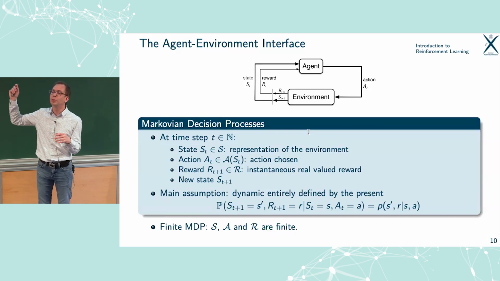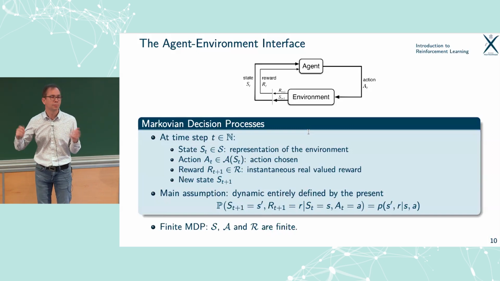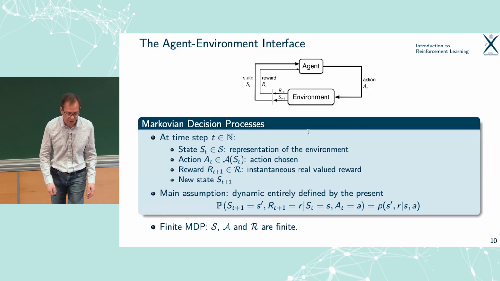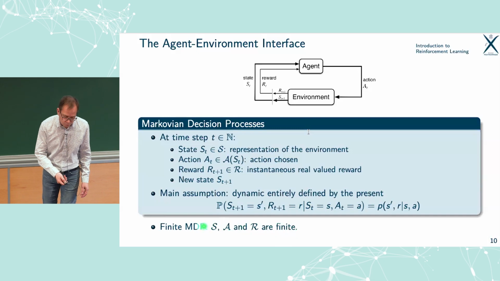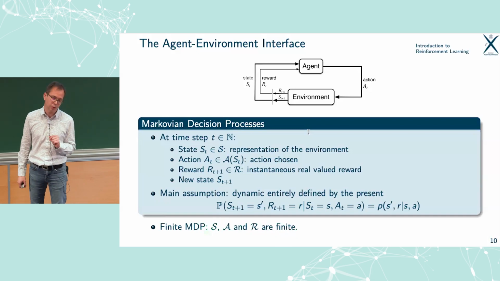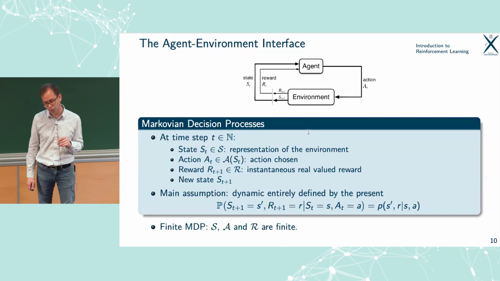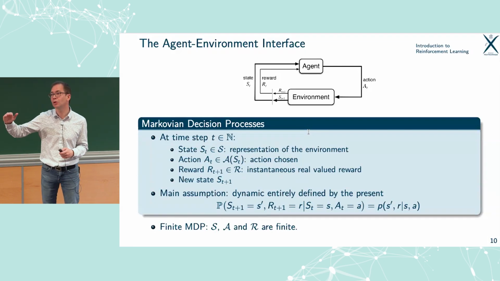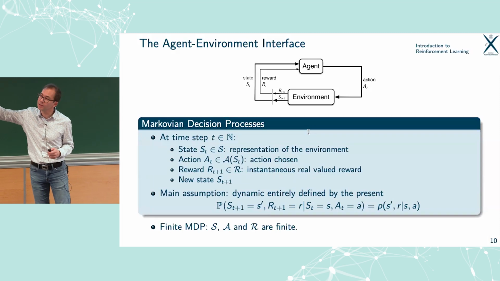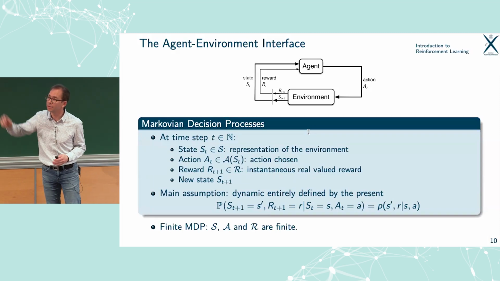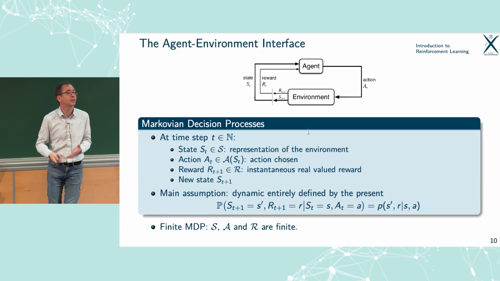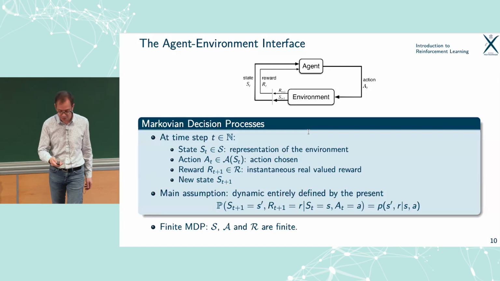Each time you see a reward that could be continuous, basically any law, provided it's bounded, will be okay. You can move to continuous states by working well, but moving from a discrete set of actions to a continuous one is much more challenging. That said, this is a very classical setting, so we're going to start with this one.